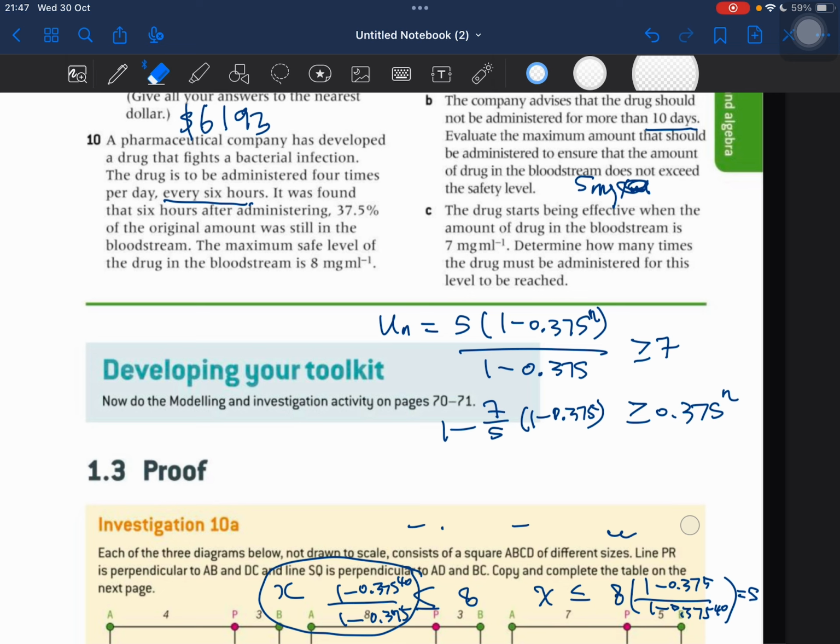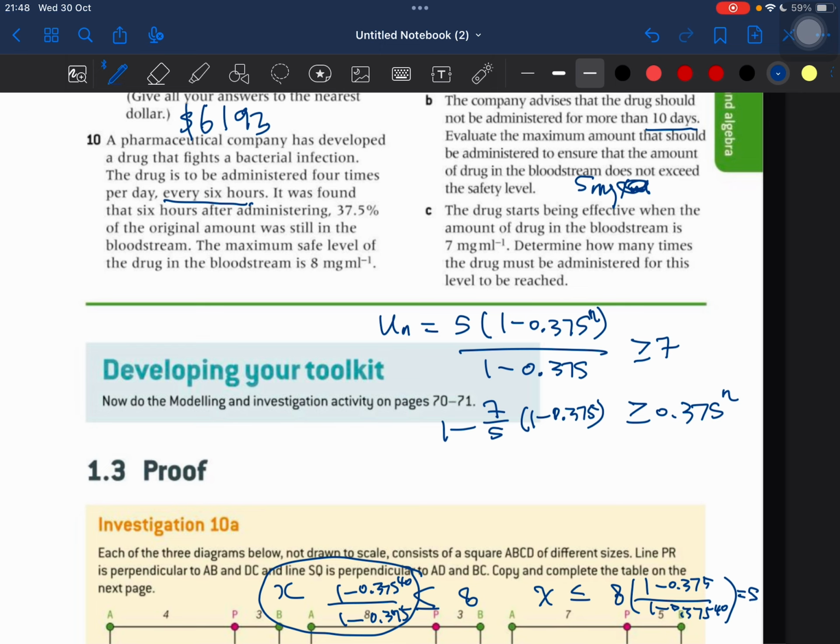So we need to apply the log, but with base 0.375, which is smaller than 1. When we apply a log base smaller than 1, we need to change the inequality sign because that function is a decreasing function.